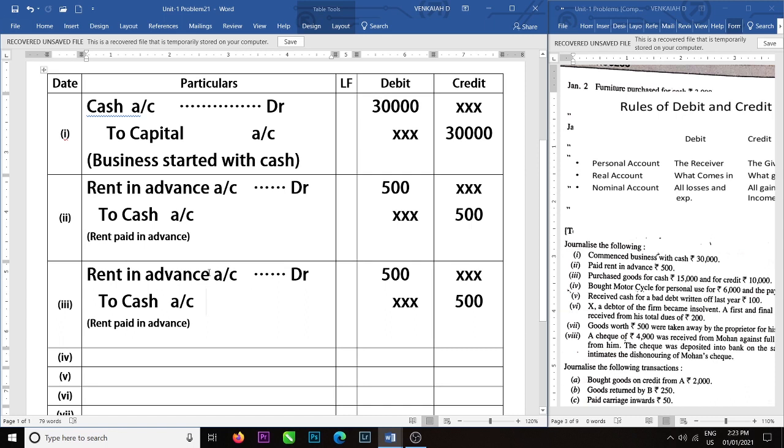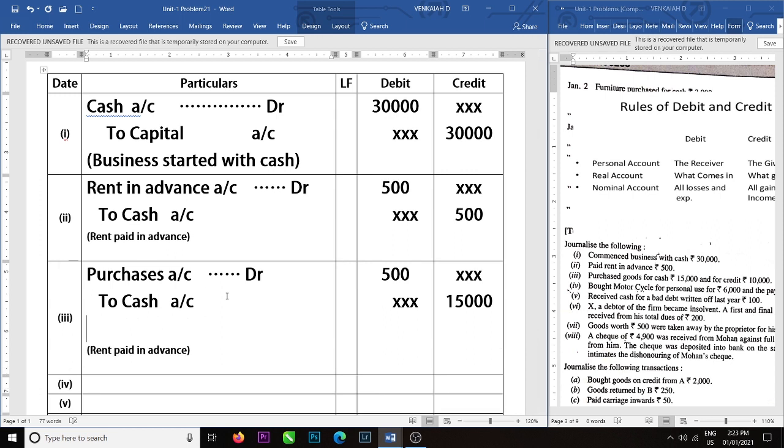So goods to be debited, in the sense purchases to be debited. Purchases account debit, cash amount is 15,000. And to credit: the person who supplied the goods is called a creditor.